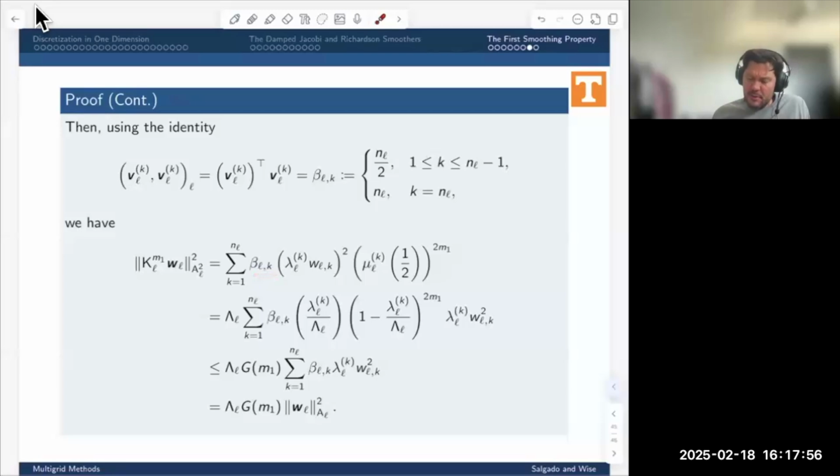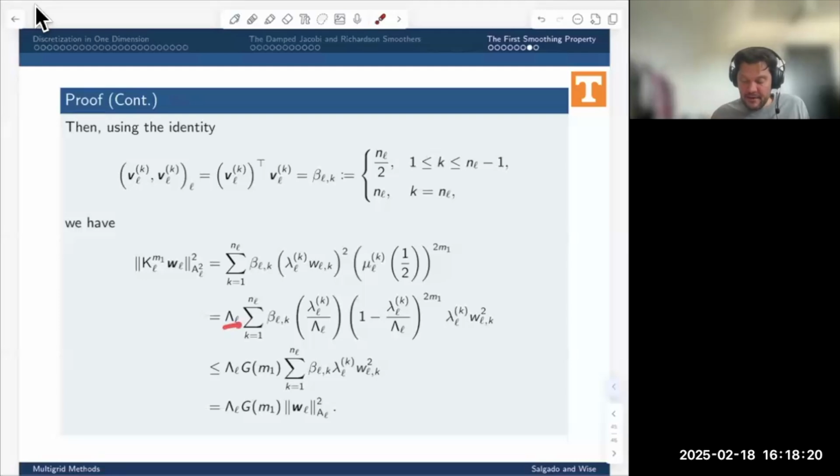The next thing I'm going to do is divide. I want to establish this with an equality here. Well, actually, it's even simpler than that. You're just going to pull out a common factor of the spectral radius. Remember, the spectral radius is the largest eigenvalue of the stiffness matrix.